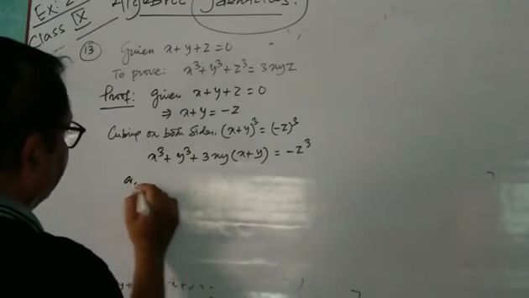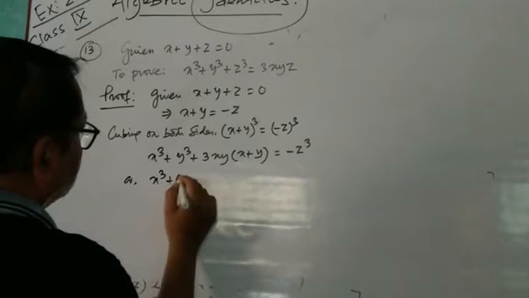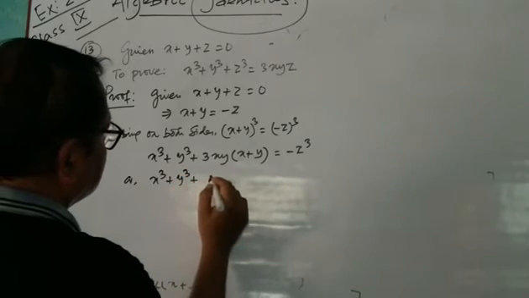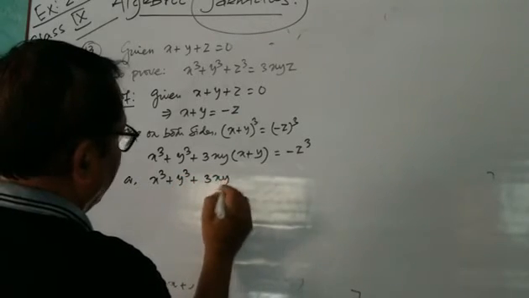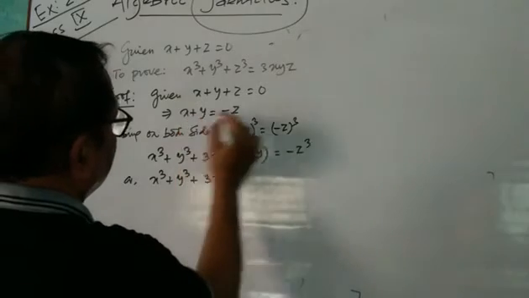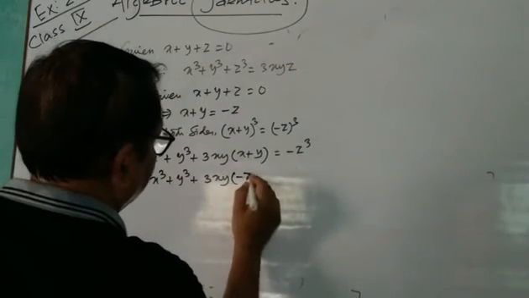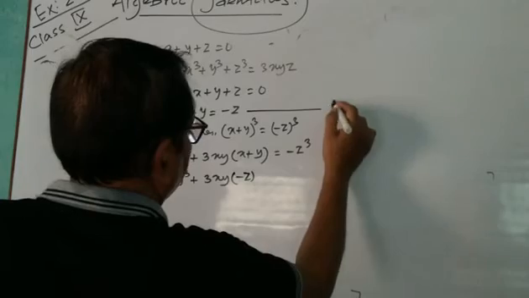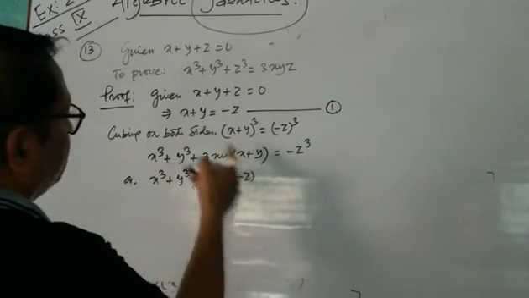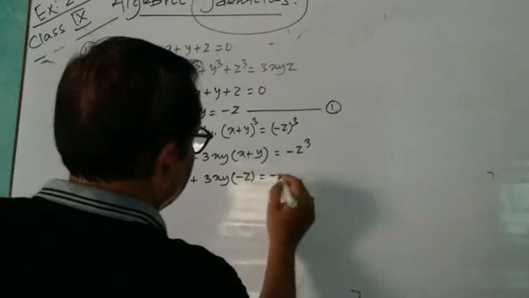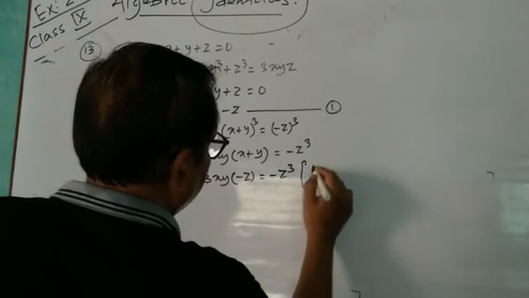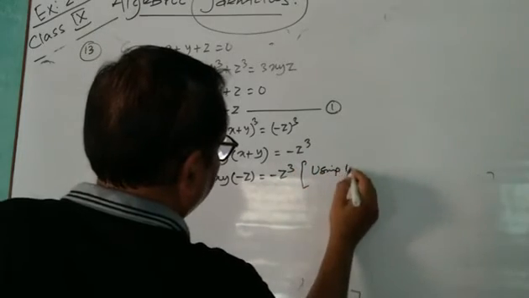Before that, you write x cube plus y cube plus 3xy, and x plus y can be written as minus z. This is 1. In x plus y we are writing minus z, is equal to minus z cube, using 1.